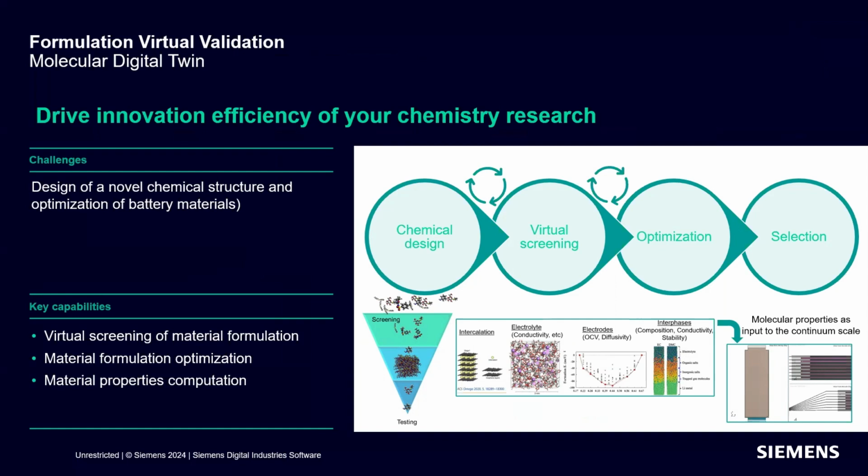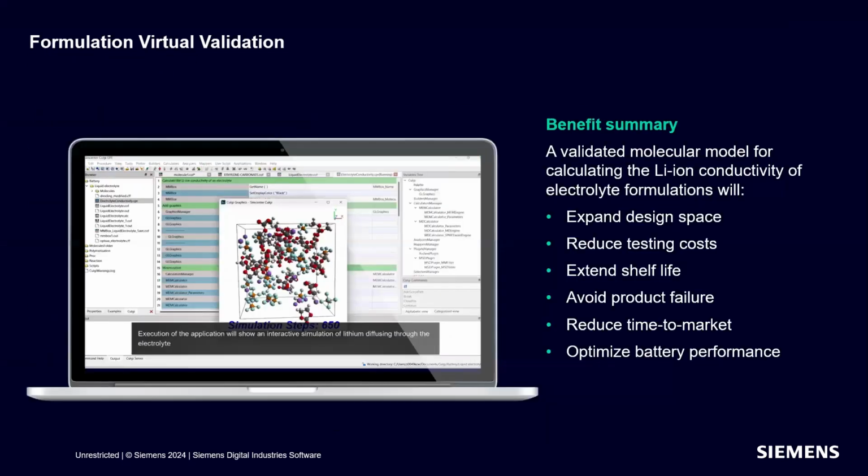These molecular outputs can then inform the material properties at the continuum level, or at that 1D level within Battery Design Studio. There are many benefits to this type of molecular level modeling, including expanding the design space and reducing testing costs. Ultimately, you're optimizing battery performance and making the design process more cost-effective and easier.